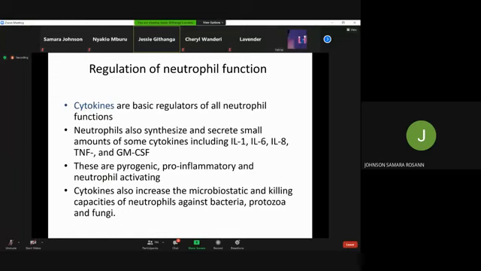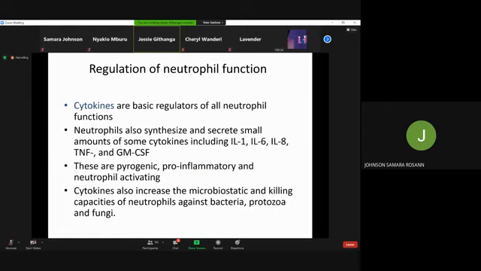And these cytokines include interleukin-1, interleukin-6, 8, tumor necrosis factor or TNF, and granulocyte macrophage colony stimulating factor. So all those cytokines are also synthesized and released by neutrophils.